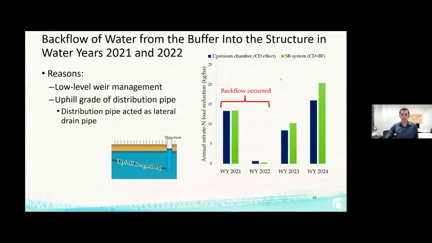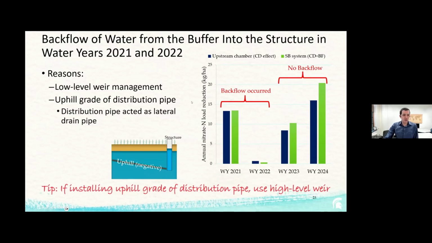Negative grade water moved in. And that's when we went aggressive. And when we did, there you go, and we saw the benefits of the subsurface buffer flow components, which is these latter 2 years.